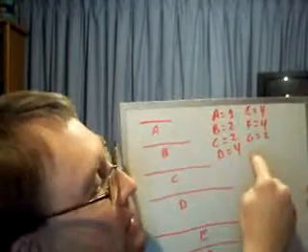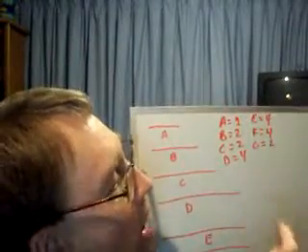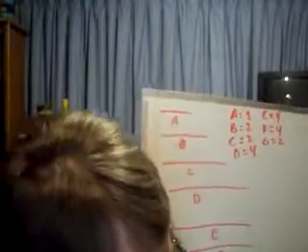And if you multiply A, which is 1, times D, which is 4, you'll get 4, which is E. Okay?